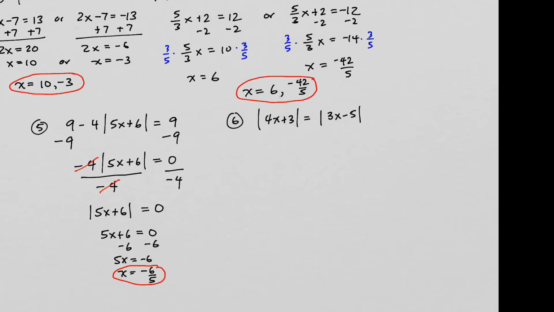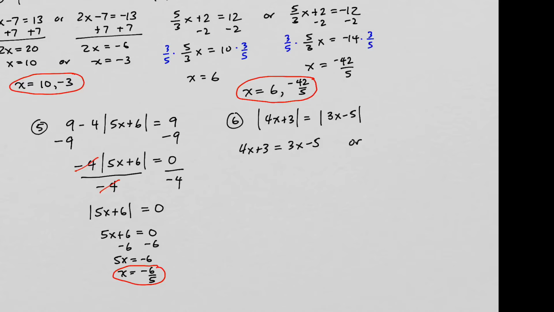So one possible equation is 4x plus 3 is equal to 3x minus 5. And then we can solve that equation. But that's not the only solution. The other possibility is that the number inside of here equals the opposite of the other number.